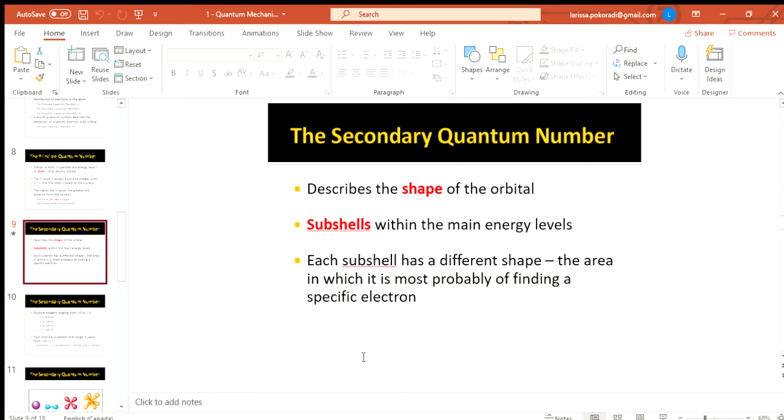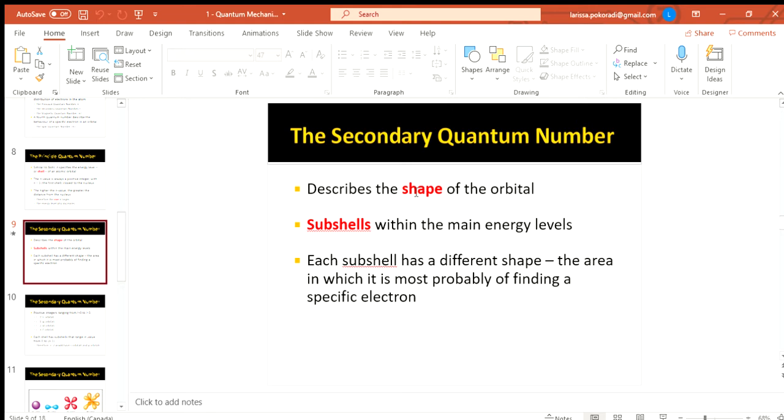Secondary quantum number is a bit different because, well, we'll see. It's the shape. So we saw 2 different shapes in the first slide. We saw the spheres, which were all s's. We saw a 1s, a 2s, and a 3s. And then we saw those ones that looked like propellers, or 2 balloons held together, and they were red.